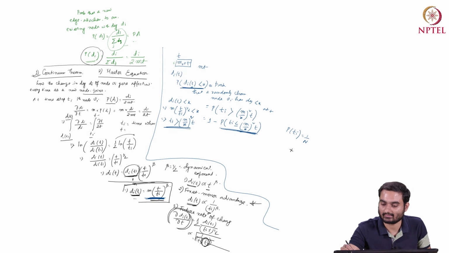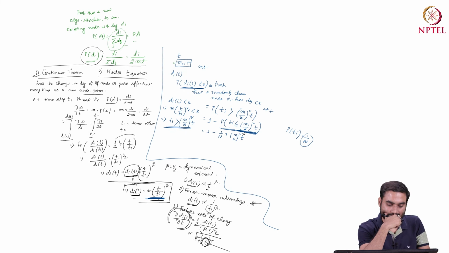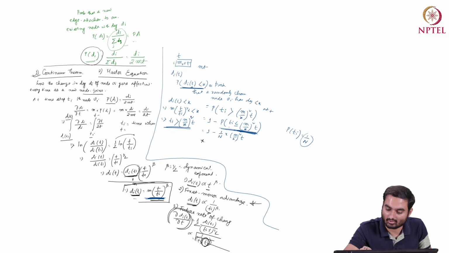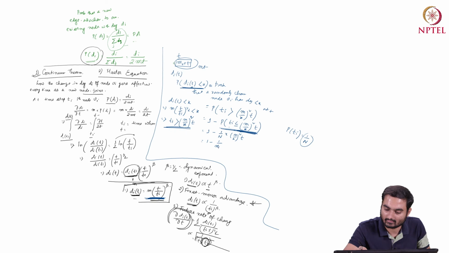You want to measure the total till this part. So this would be 1 minus 1 by n times m by k square into t. What is n? N is the total number of nodes, which we already know is m0 plus t. I replace n by this one.